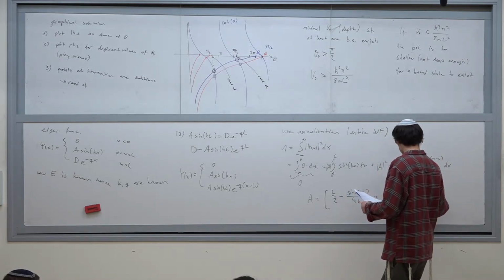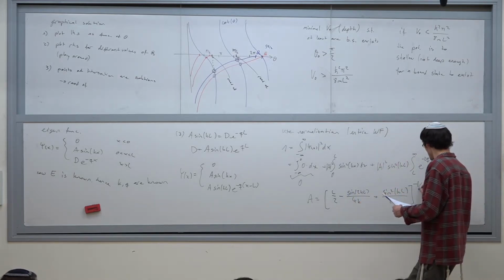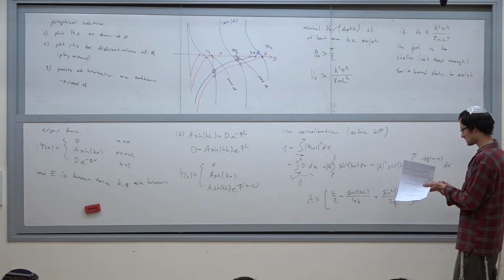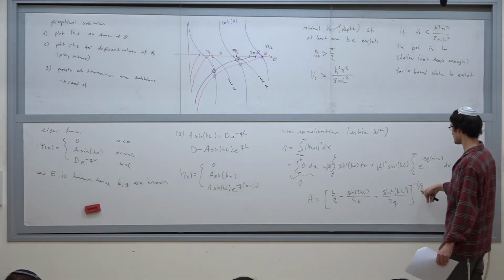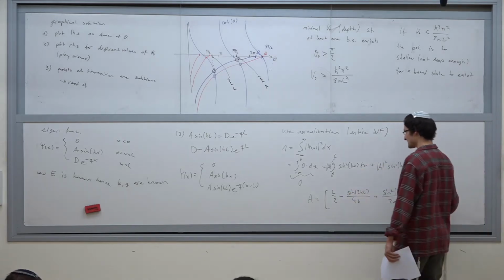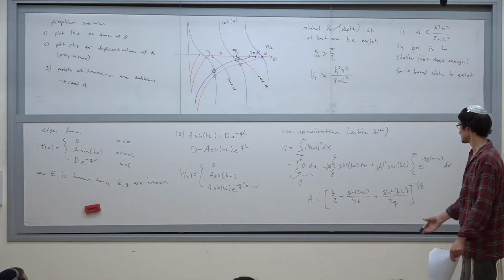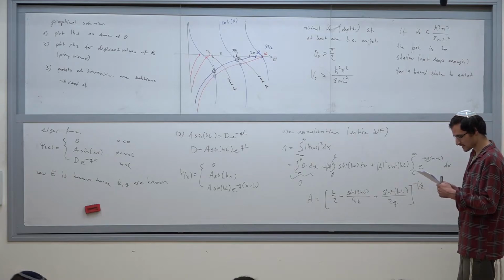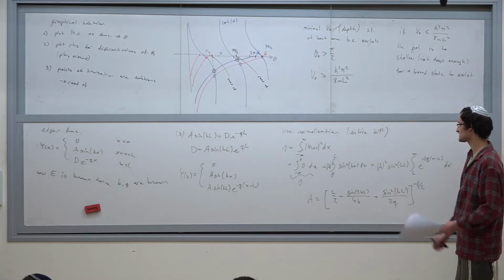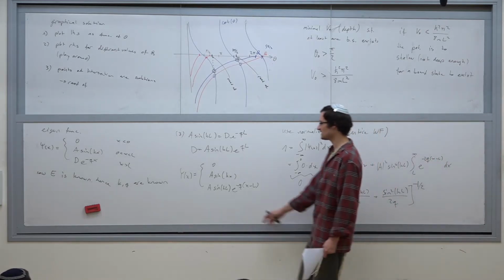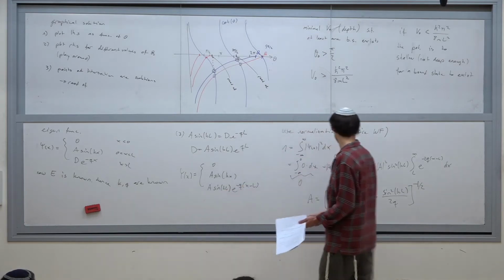Plugging them in will just make this entire thing even uglier. So it's 1 over the root of this thing. So yeah, as I said, it's not very nice. That's just a fact of life. Plug this back into here, and you're done.